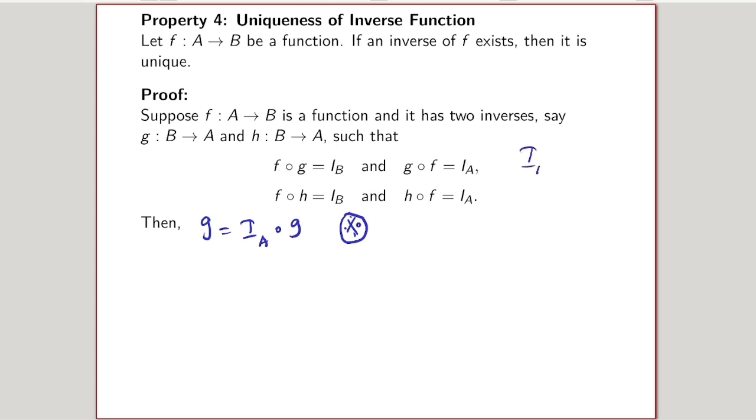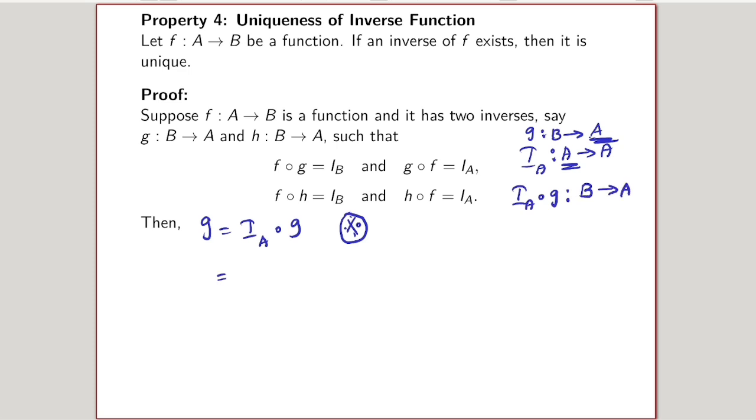So we know that I_A is a map from A to A, and g is a map from B to A. Observe that the domain of I_A and the codomain of g are the same. So it is possible to define the map I_A composition g, which will be a map from B to A.